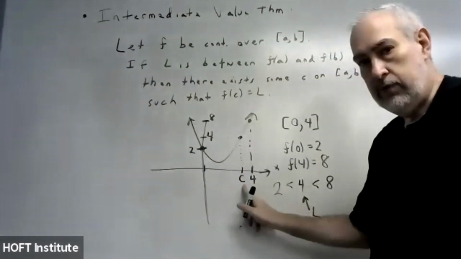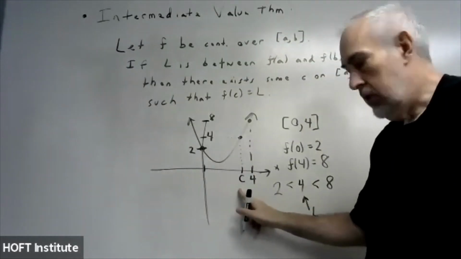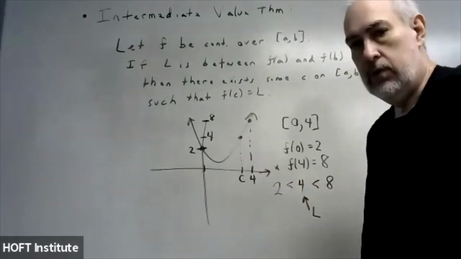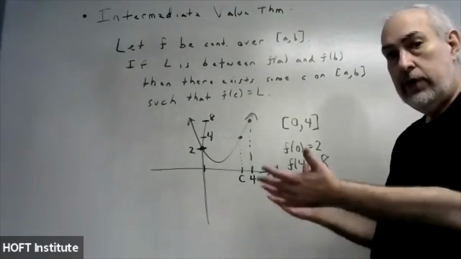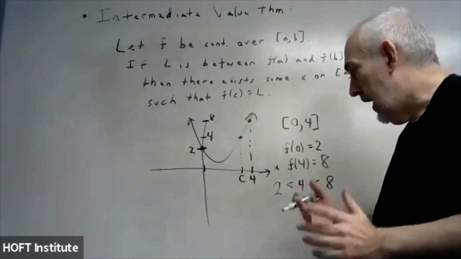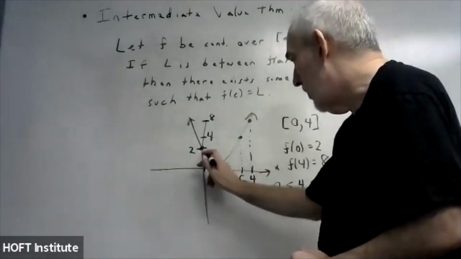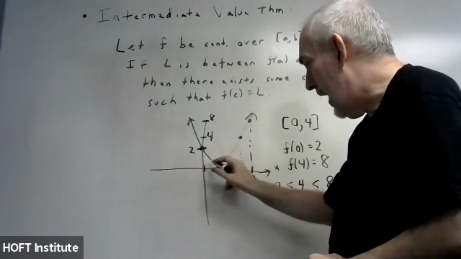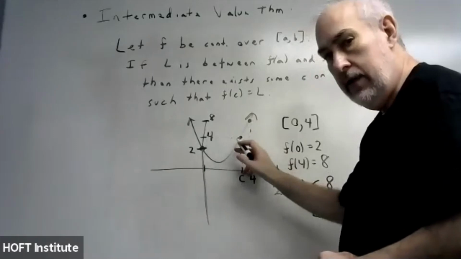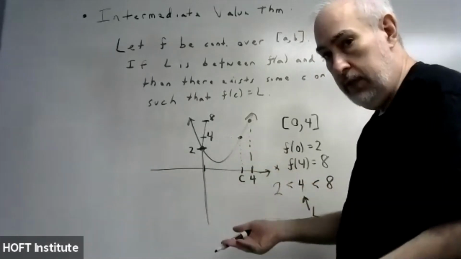That is the value of C for which our function is at a height of 4. Okay? So, because the function's continuous, that means that I have to draw with my pen from here to here without lifting my pen off the paper, and therefore I have to cross a height of 4 at some point.